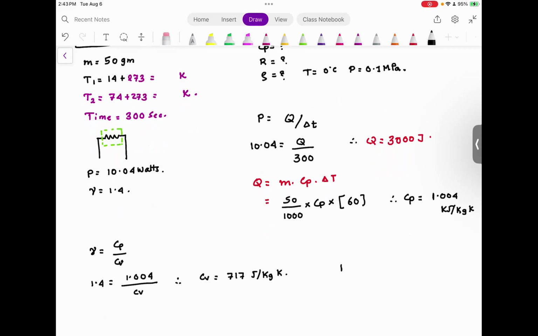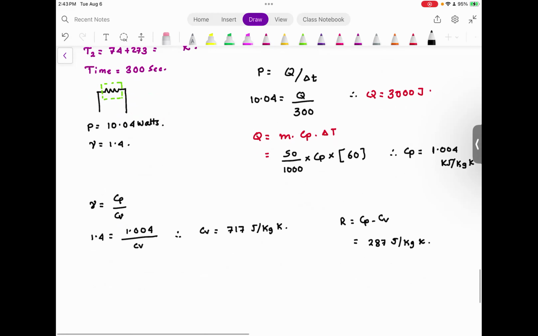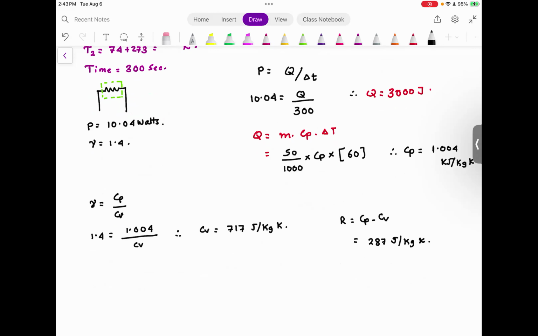And R is equal to Cp minus Cv, which is 287 joules per kg Kelvin. Now the last part, they are asking us for the density. To find density, P1 V1 is equal to R T1.